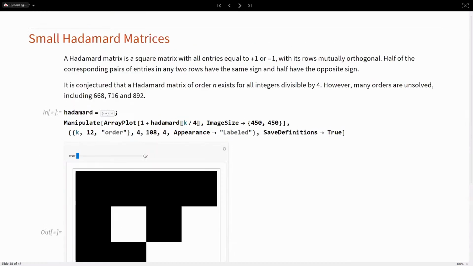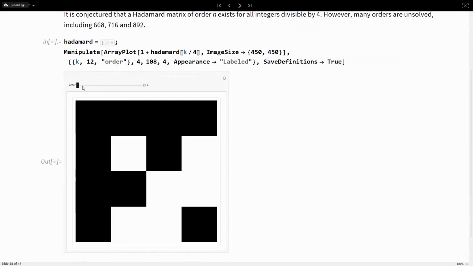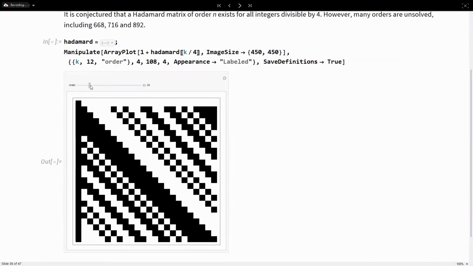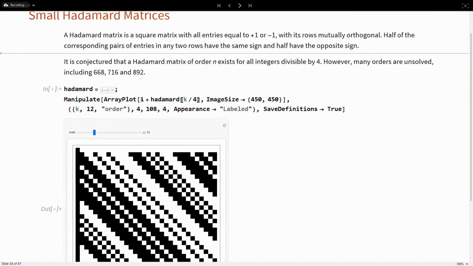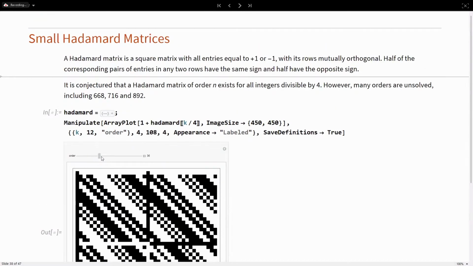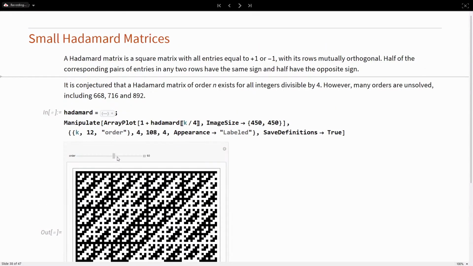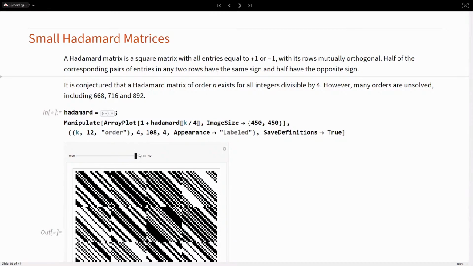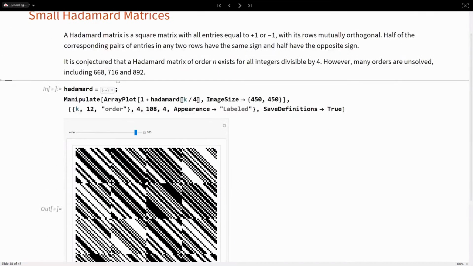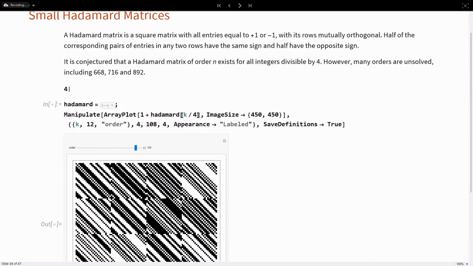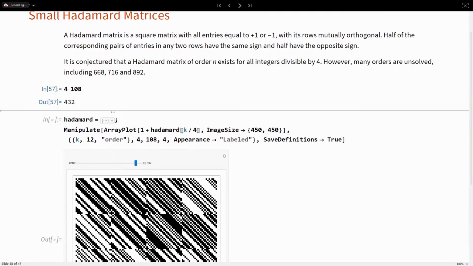They're mutually orthogonal. And one question is whether these always exist. I give representations up to, I think, 4 times 108, up to 432.